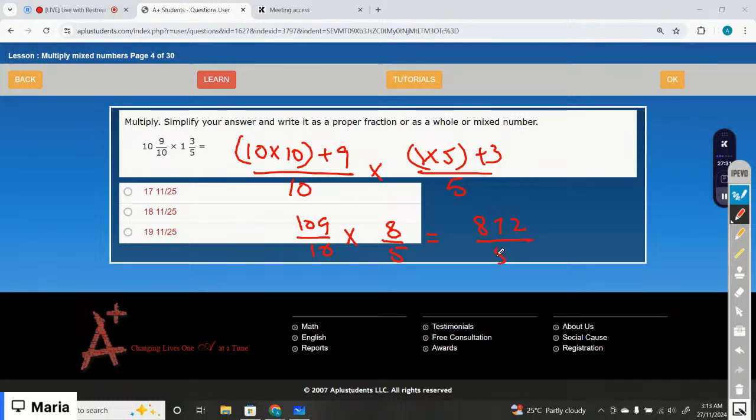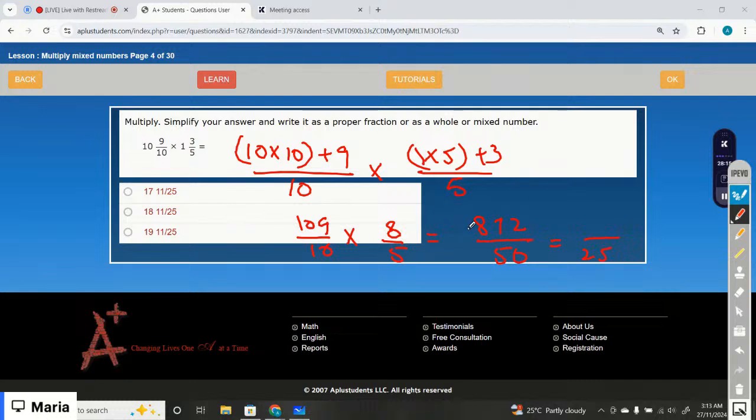That is 872 divided by 50. Divided by the 2.